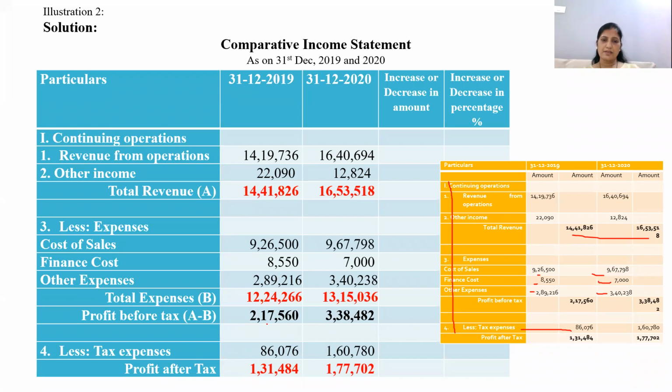So 2,17,560 minus 86,076, you will get this 1,31,484. And here 3,38,482 minus 1,60,780, you will get 1,77,702. Calculate and write it down very clearly.